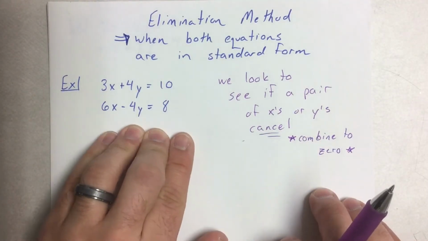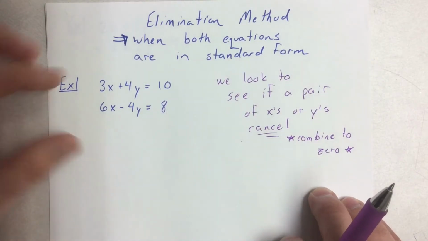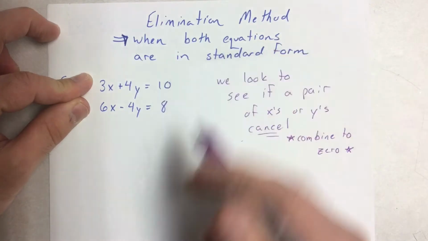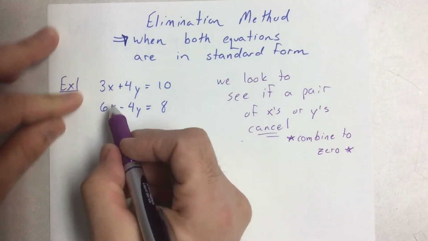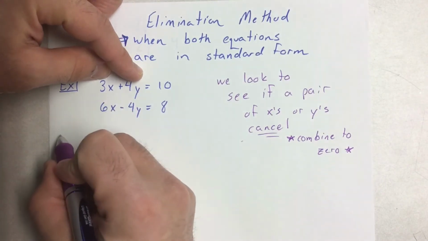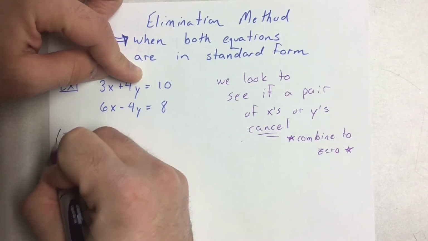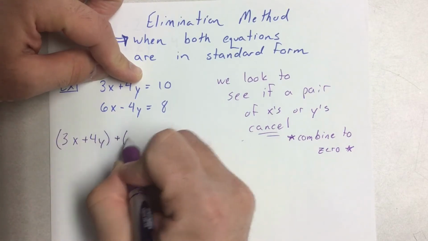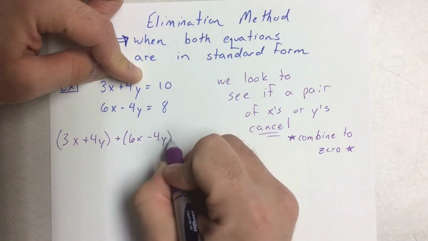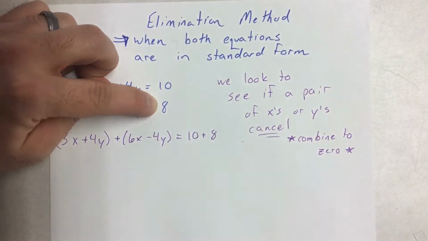One way of using the elimination method, if you've seen this before, most likely you've just seen people draw a line and then kind of cross out stuff. But one way of doing this is actually combining this first group, say 3x plus 4y, with the second group, 6x minus 4y, and then combining the right sides, 10 plus 8.